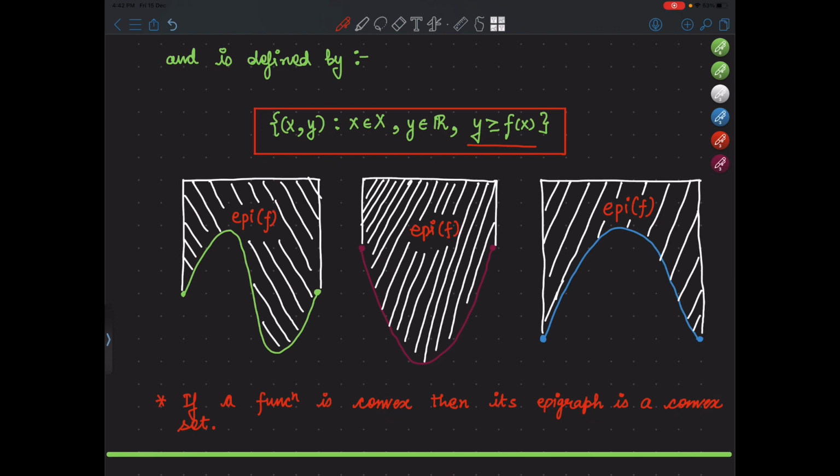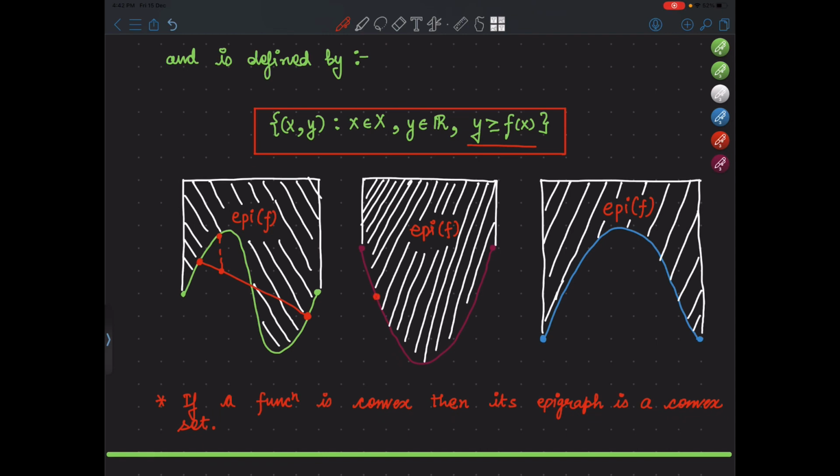Now we also learned that if some function f is convex, then its epigraph is a convex set. We got an intuition of this. Let's say we have 2 points here. We can see that the function is non-convex because some of the points on the line between the 2 points are below the function, so the epigraph is not a convex set.